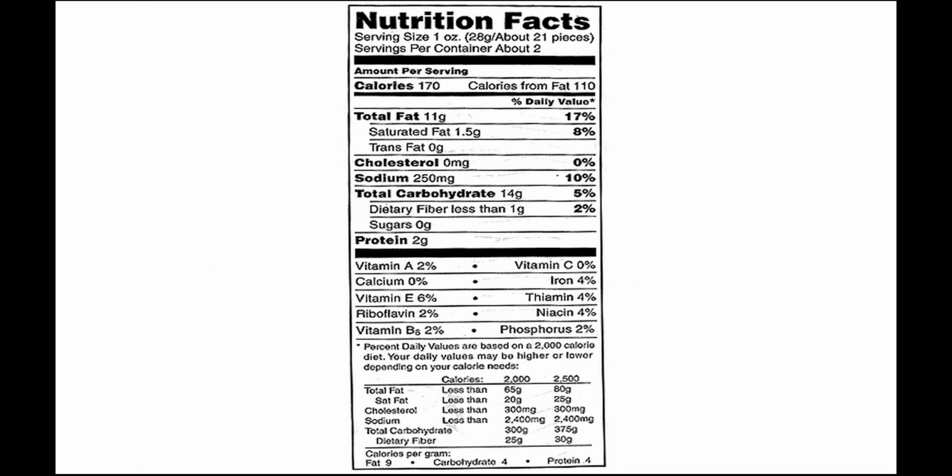This food label is broken down into 5 major areas, which are highlighted in different colors: green, blue, yellow, gray, red, and purple. Let's begin with the green area, or serving size.